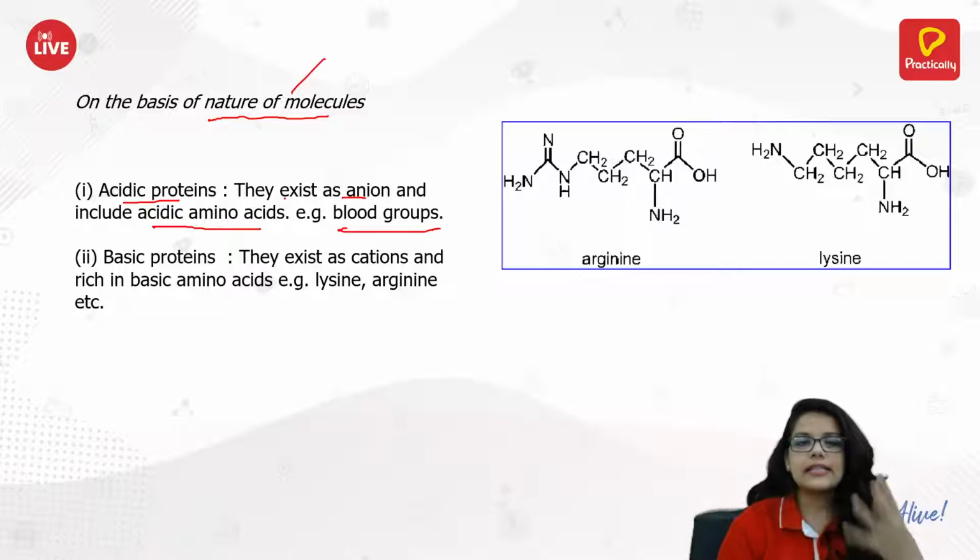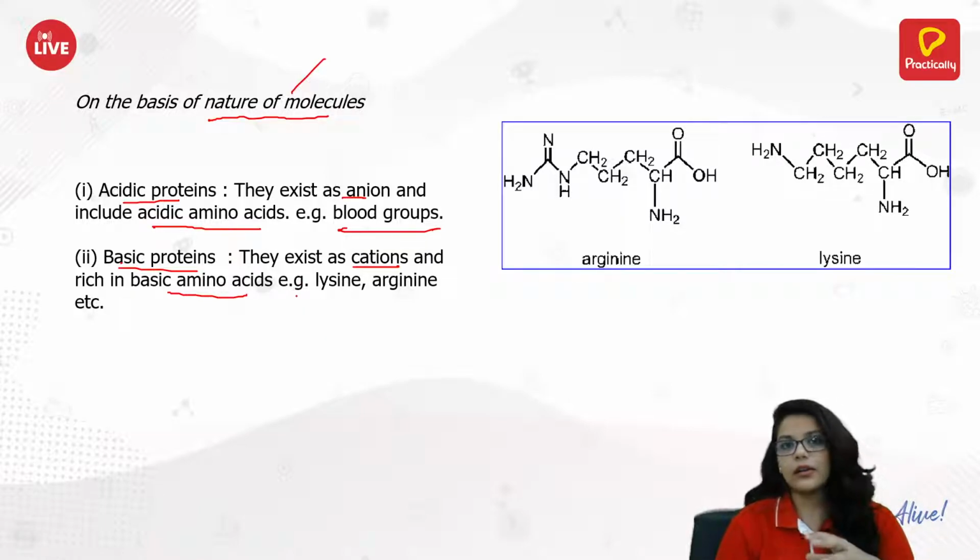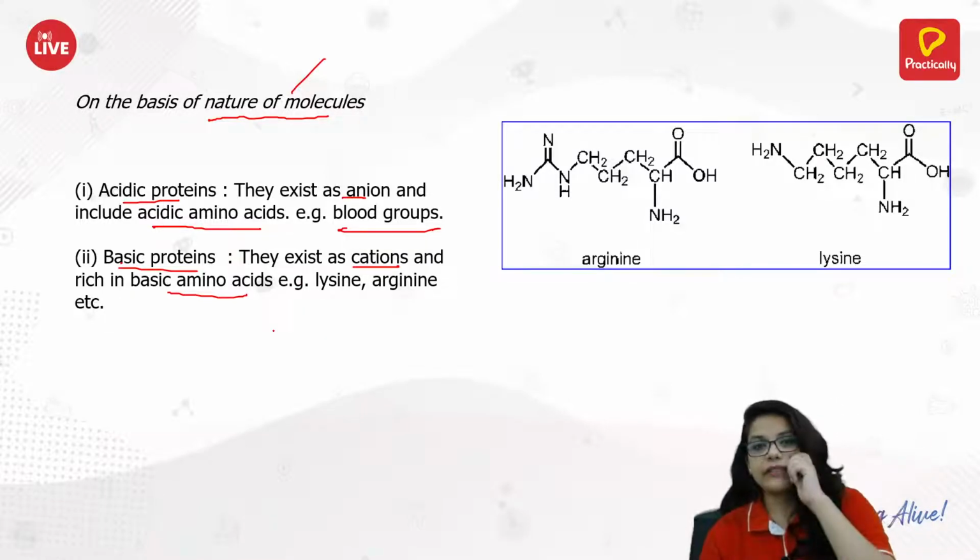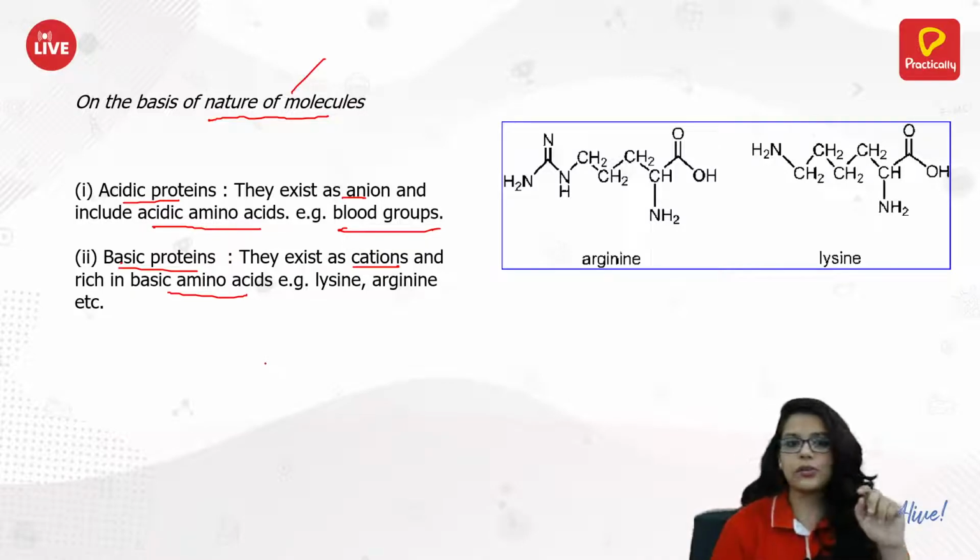They are acidic proteins. Now there can be basic proteins also. They exist as cations, and they are rich in basic amino acids, whose pH is a bit higher, like after 7, 8, 9, 10, etc. Those are basic, such as lysine, arginine.